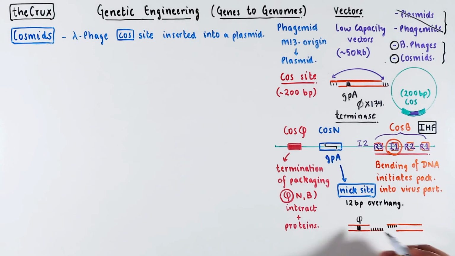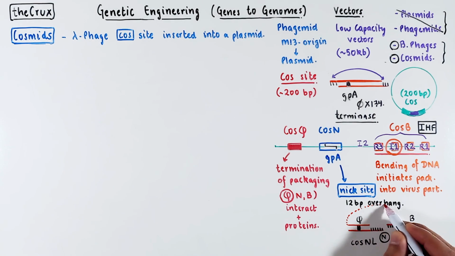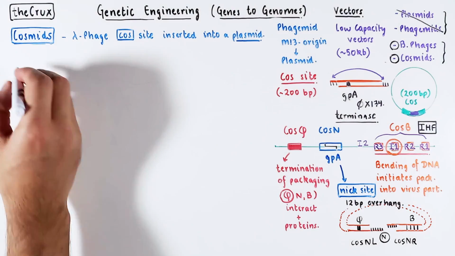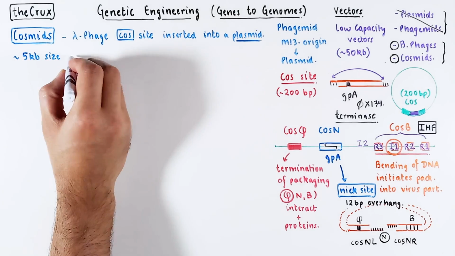Effectively, the cos-B and cos-Q are separated by the N site. These left and right ends are often called cos-NL and cos-NR. This linear piece of viral DNA with 12 nucleotide overhangs is what we have been referring to as the linear genome all this time.